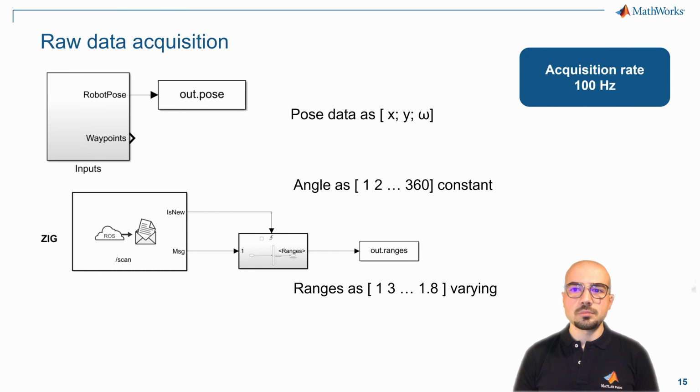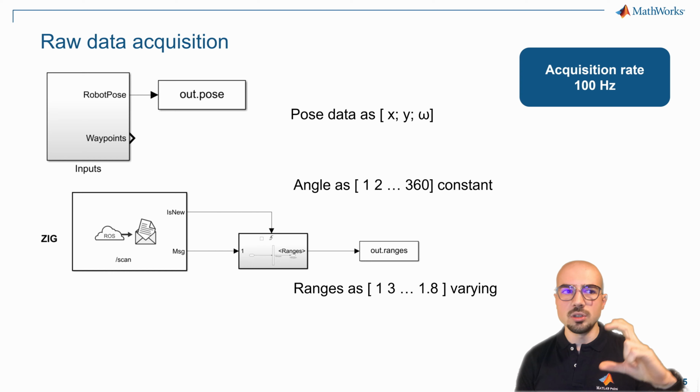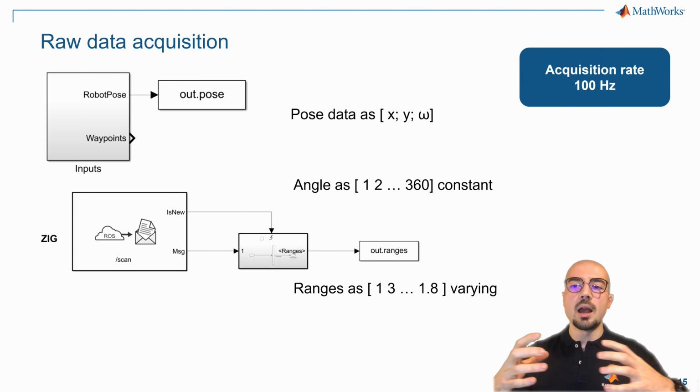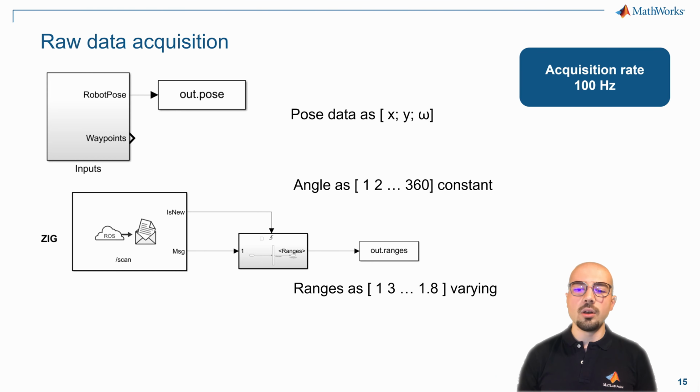Okay, so moving on to Simulink, we will have the input of the pose that we discussed last time. This pose will be a set of data x, y, and omega and represents the position of the robot in the environment, but we don't know the environment exactly. We know only how far and how the robot moves in this environment, but we don't know the walls or anything else inside it.